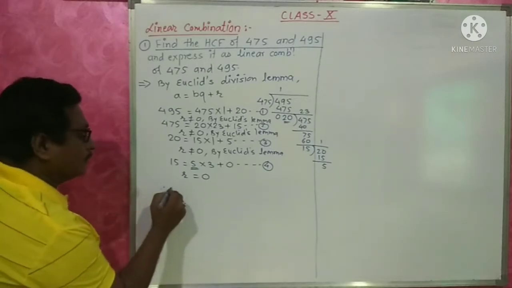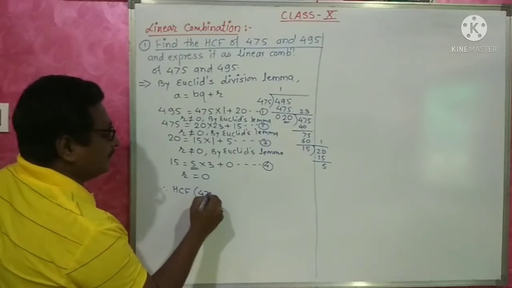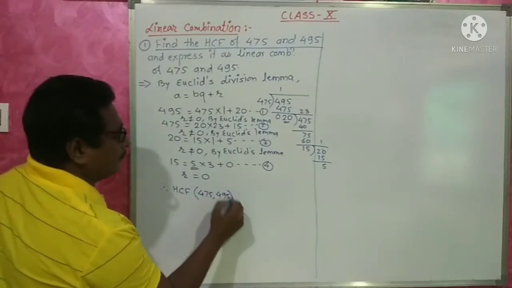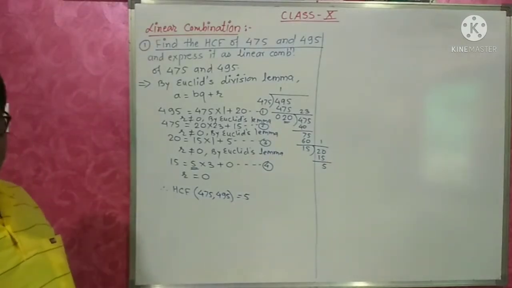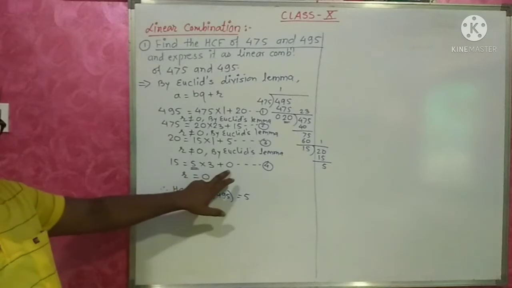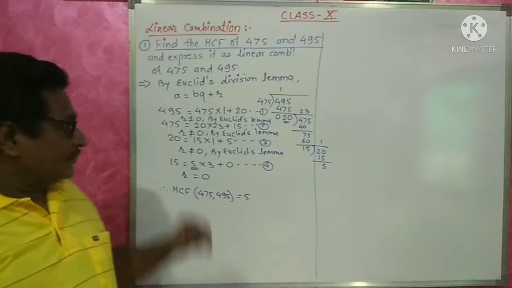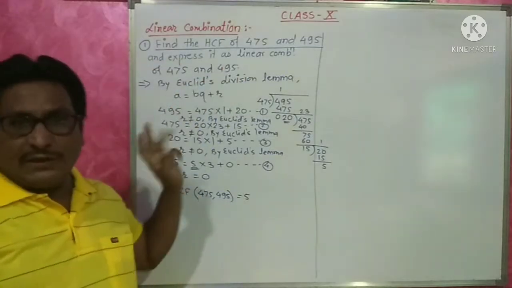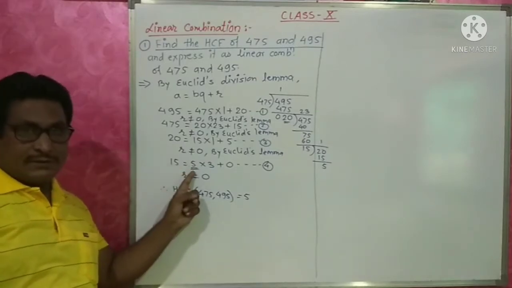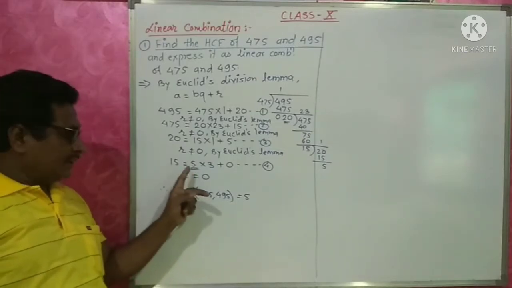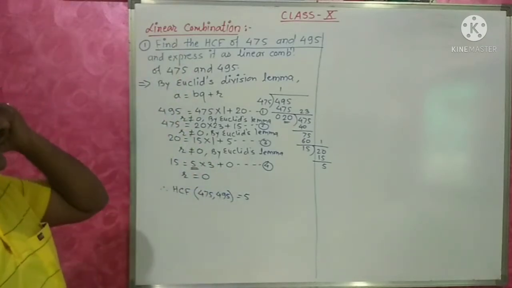So therefore HCF of 475 and 495 is equal to 5. Whenever we get remainder 0, we stop Euclid's division lemma, and in the last step, whatever is the value of B, that is the HCF. So first question answer: find the HCF.